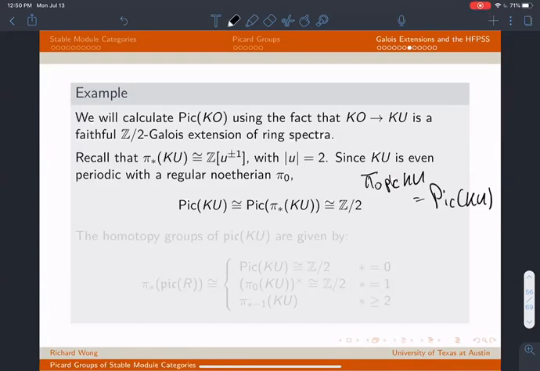And since the homotopy groups of KU are really nice, and KU is even periodic with regular Noetherian pi 0, this tells us that pic of KU is algebraic. So what this means is that the Picard group of KU is the same as the Picard group of the homotopy groups of KU, which is Z/2.